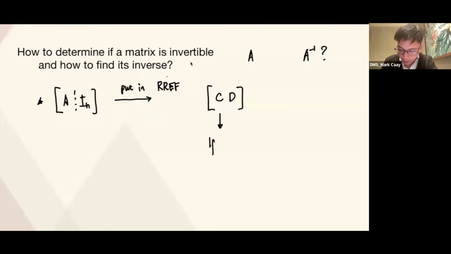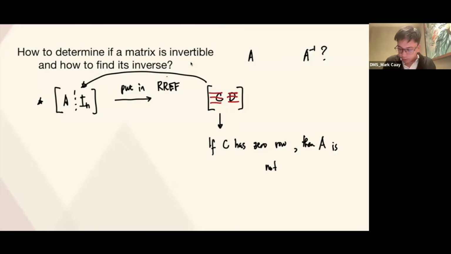If C has a zero row, meaning you see a row of all zeros, this means that A, the original matrix, is not invertible, or it's singular.